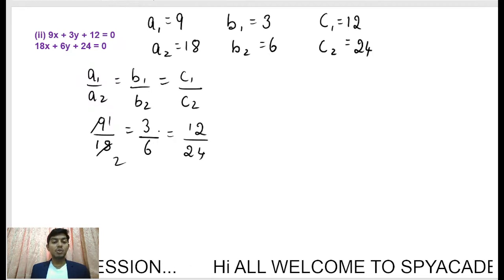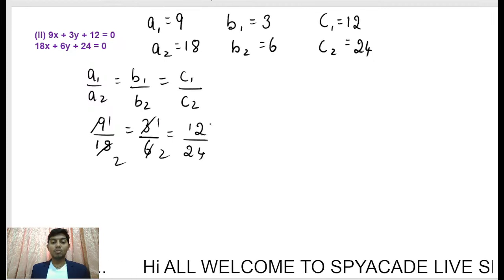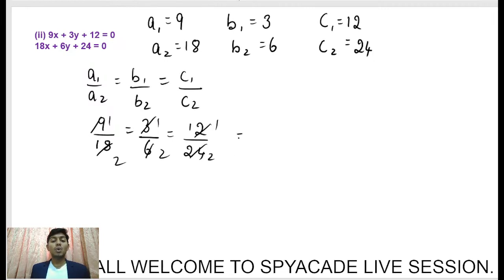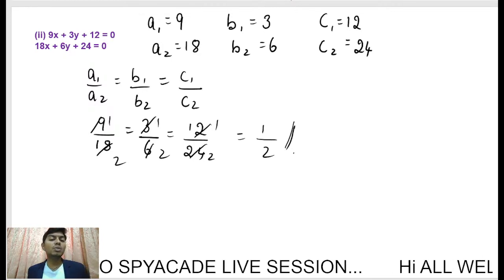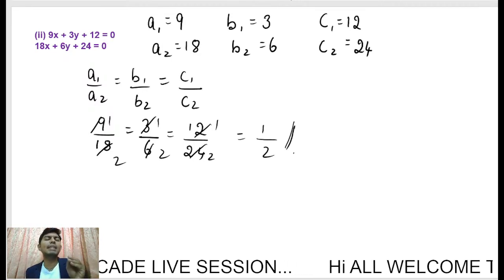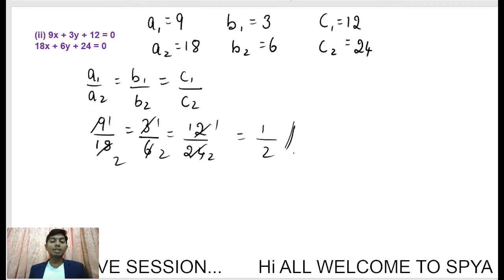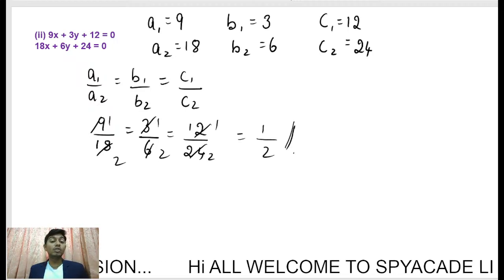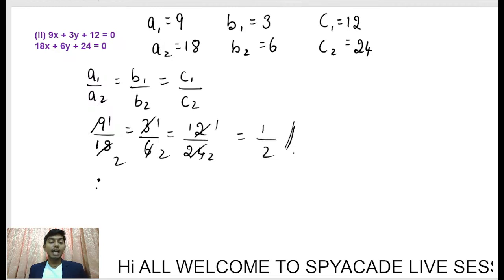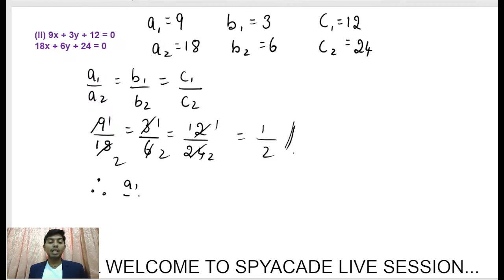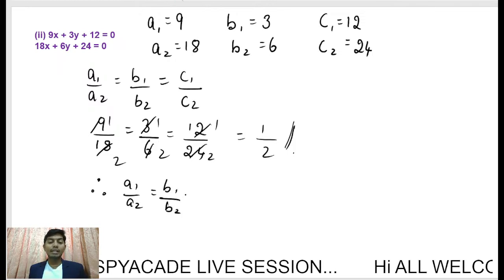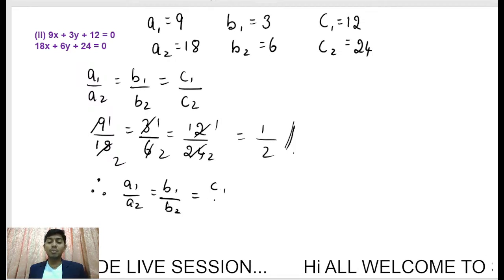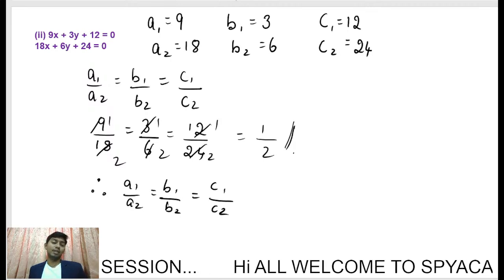Yes, one time, two times, one time, two times, one time and two times. So everything is equal to 1 by 2. A1 by A2 is equal to B1 by B2 and that is equal to C1 by C2. So now we have to give the conclusion that therefore A1 by A2 is equal to B1 by B2 and that is equal to C1 by C2, right?